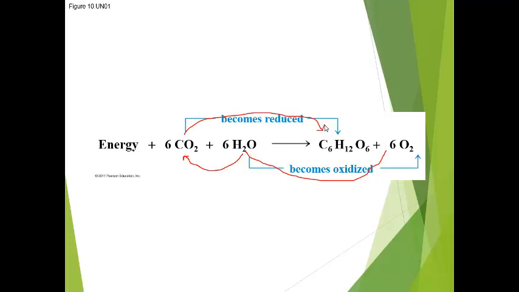Now, just like in cell respiration, we're going to see an intermediate found within photosynthesis. The electrons do not directly go from water to carbon dioxide. Instead, the electrons go from water to an electron carrier called NADP+. Forgive my handwriting as always.